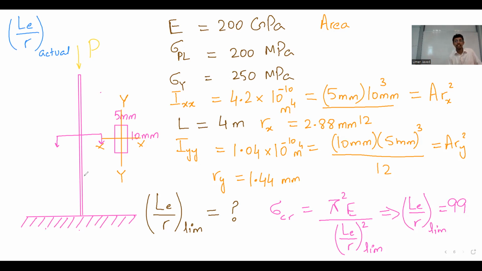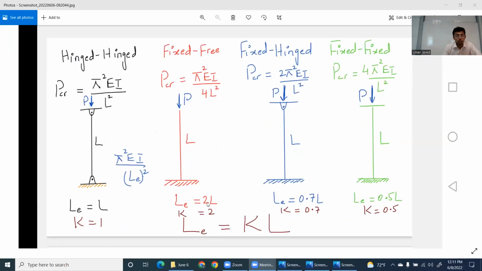What was the total length I gave you? 4, it's not 10. Let me finish this. What was the case? Fixed free. In fixed free, it is 2L. So everyone is with us. So for the fixed free case, L effective will be 2 multiplied by L.